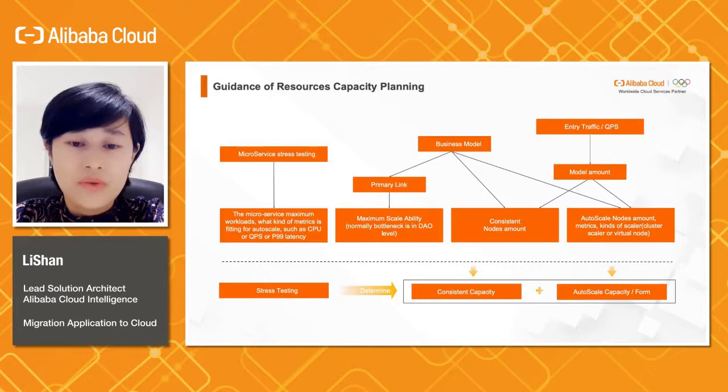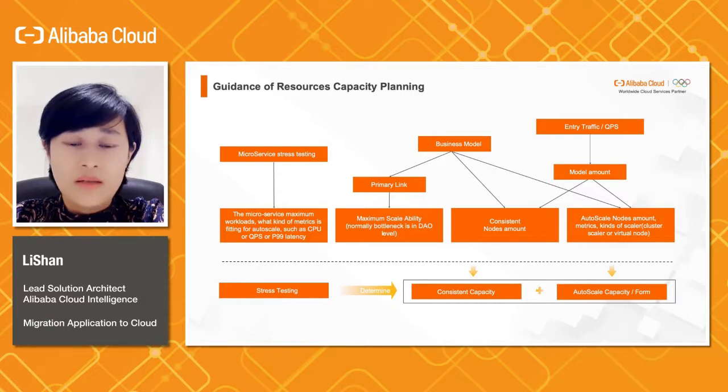So through stress testing the business module, we should know the maximum scalability, because we know the normal QPS plus how many modules you have. So we can calculate how many consistent nodes we need and how many nodes will auto-scale to cover.